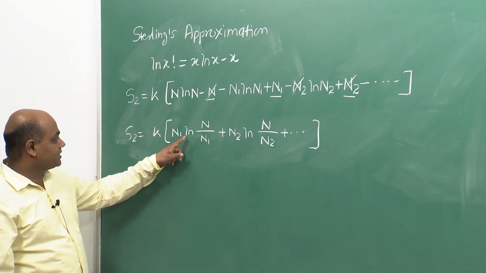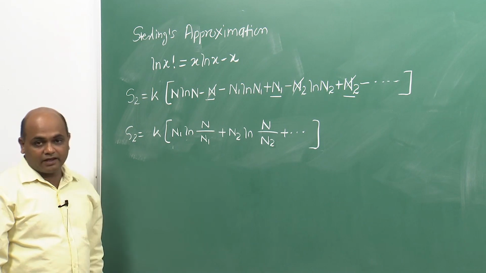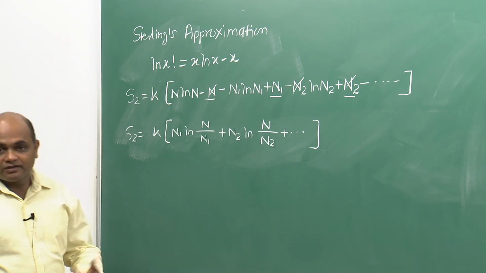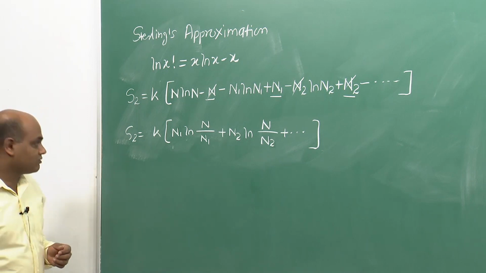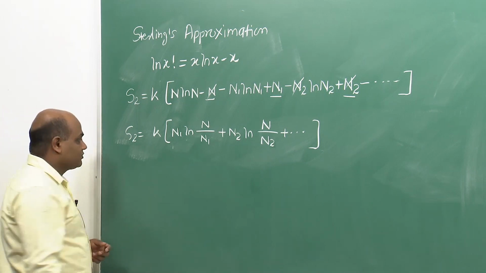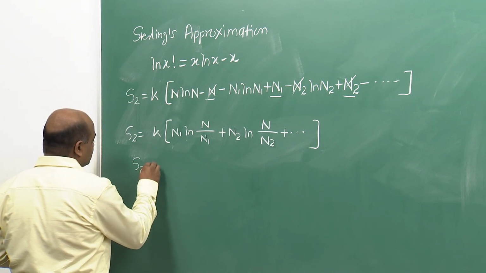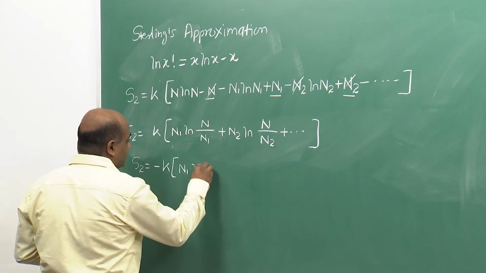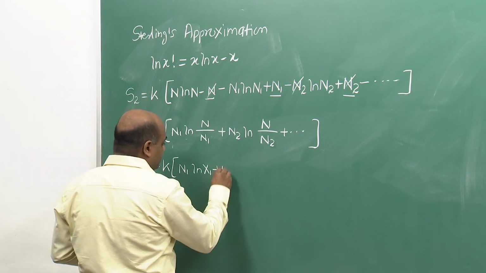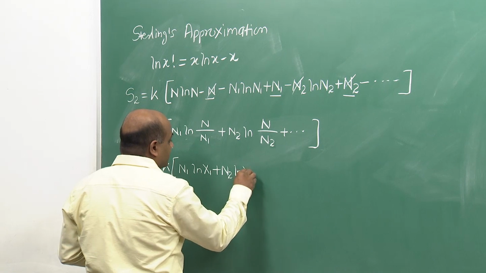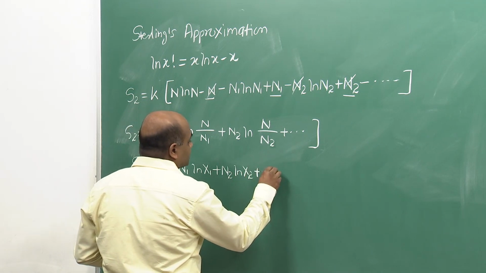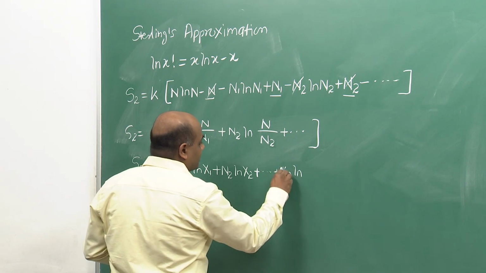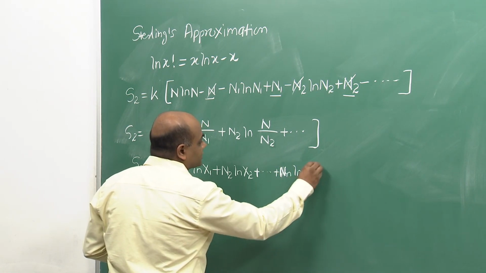So, this will be essentially minus ln n1 by n, and n1 by n is the atom fraction of 1 or mole fraction of 1, which we call x1. So, we can write this as S2 is equal to minus k times n1 ln x1 plus n2 ln x2 so on till nn ln xn.